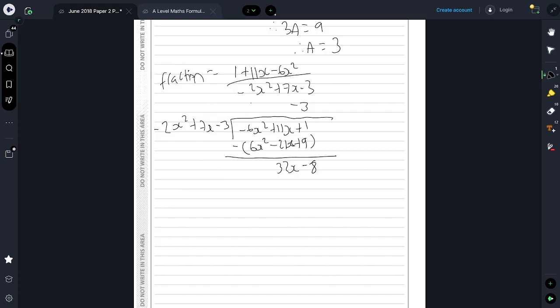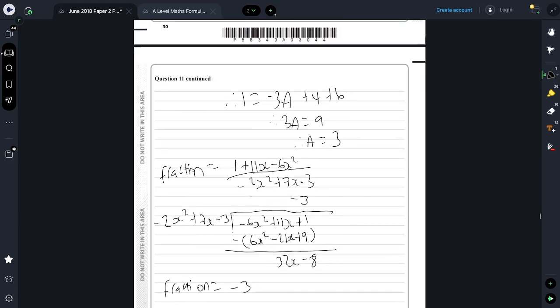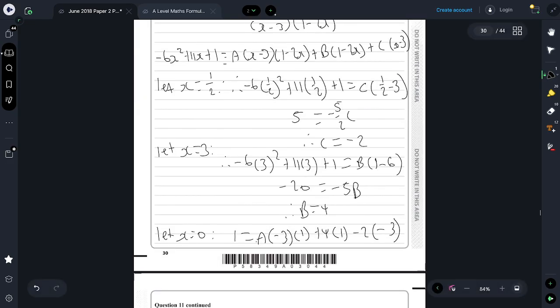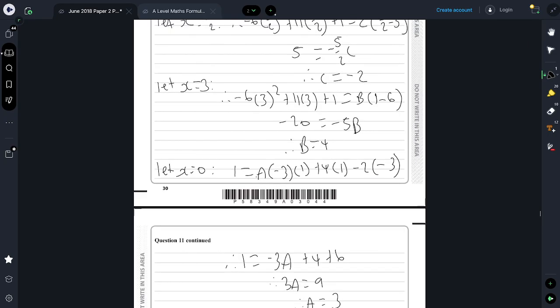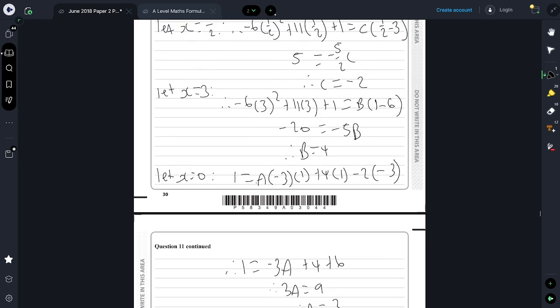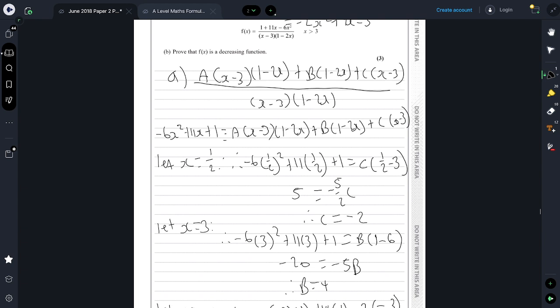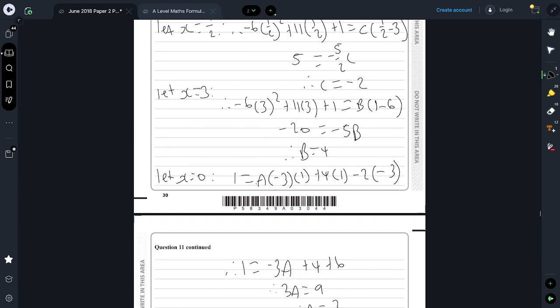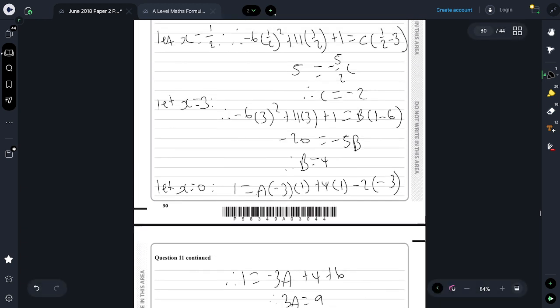So it's saying your final answer, so the fraction, so it's -3. Okay, which is weird because it's 3 here. Did we get our sign wrong? Yeah, we did, didn't we? Because that's x minus 3.